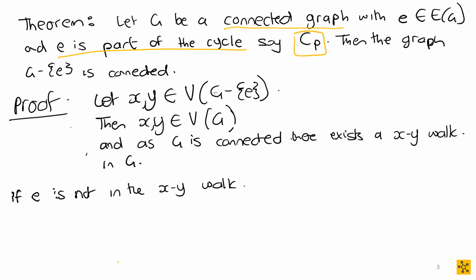If it's not actually in that walk, that walk is still going to be in the new graph. Then the walk is also a walk in G minus that edge. And then you found a walk from x to y in the G minus e graph.